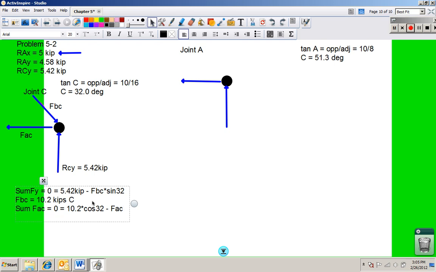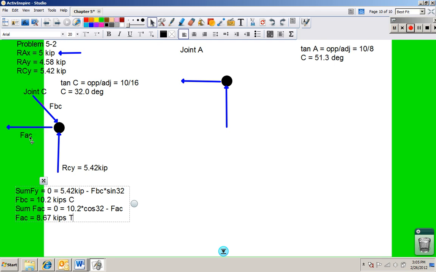So when I solve that, FAC is equal to 8.67 kips. I have drawn that with the arrow pointing away from the joint, and remember we said that meant that it was in tension. Right? Good. So now we have those two forces, and we can go ahead and look at joint A.